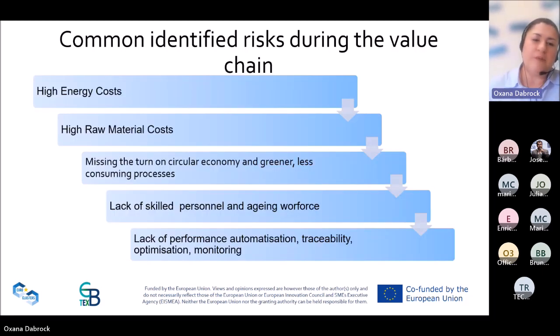The common risks found by the clusters during the workshop in spring, and identified as the most common, were high energy costs, high raw material costs, missing the turn to a circular economy and greener, less consuming processes, lack of skilled personnel and an aging workforce, and lack of automatization, traceability, optimization, and monitoring.